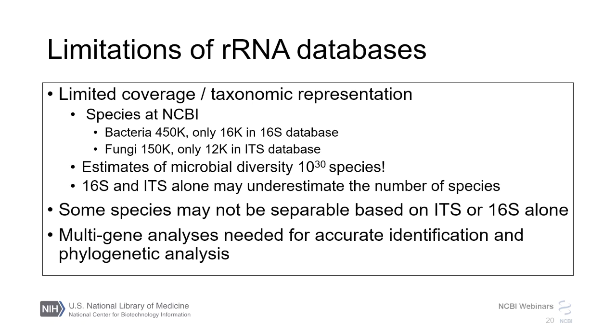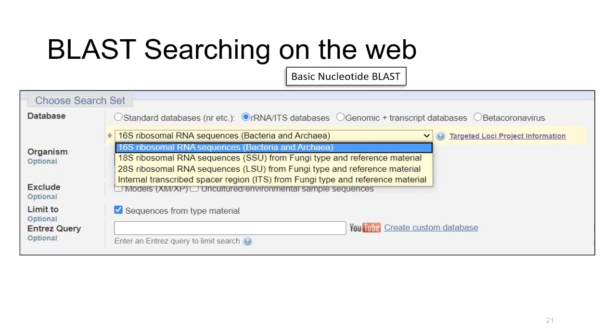Also, just using 16S and ITS alone, there may be a lot more species out there, because there are going to be some species that are not separable based on the ITS or the 16S alone, and you need to use a multi-gene analysis to get accurate identification and to get accurate phylogenetic trees. Now, the technique that we're going to be talking about today that searches these is, of course, BLAST.